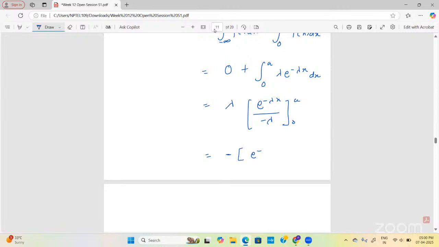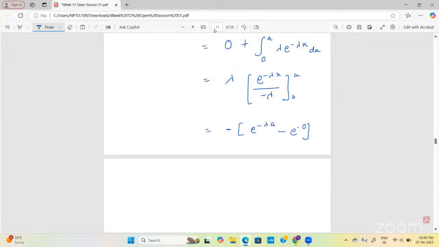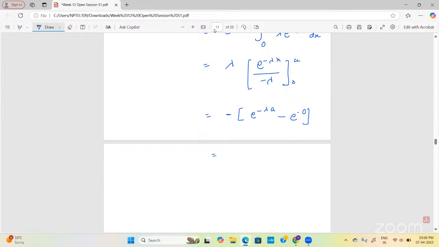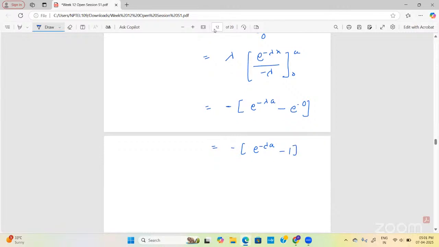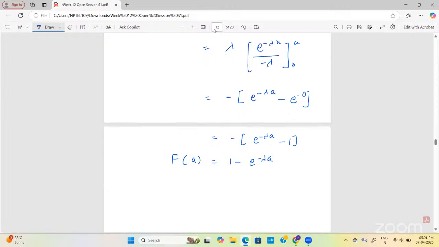So it will be e to the power minus lambda A minus e to the power minus 0, right? What is the value of e to the power 0? 1. Okay. So now you can see that the CDF at point A becomes 1 minus e to the power minus lambda A. Any confusion? Is this clear?